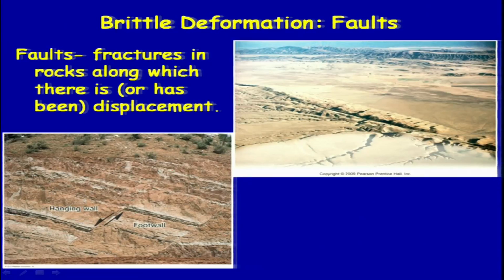Here what you see is the displacement, again in section, and this displacement is typical of normal faults, where we classify normal fault and reverse fault based on the relationship of the walls on either side of the fault plane, that is, the footwall and the hanging wall. In this case, the hanging wall has moved down and the footwall has remained stationary.